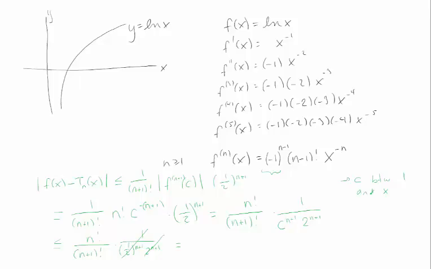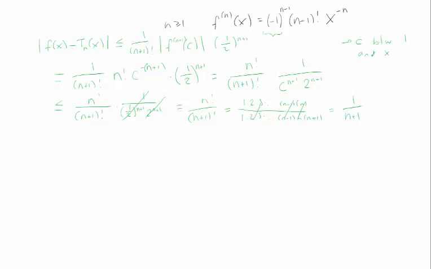So what I end up with is n factorial over n plus 1 factorial, but this is n times all the numbers less than n divided by n plus 1 times all the numbers less than n plus 1, and a bunch of those are going to cancel, right? This is 1 times 2 times 3 times n minus 1 times n. And on the bottom, this is 1 times 2 times 3 times n minus 1 times n plus 1. So actually, I'm just left with 1 over n plus 1.